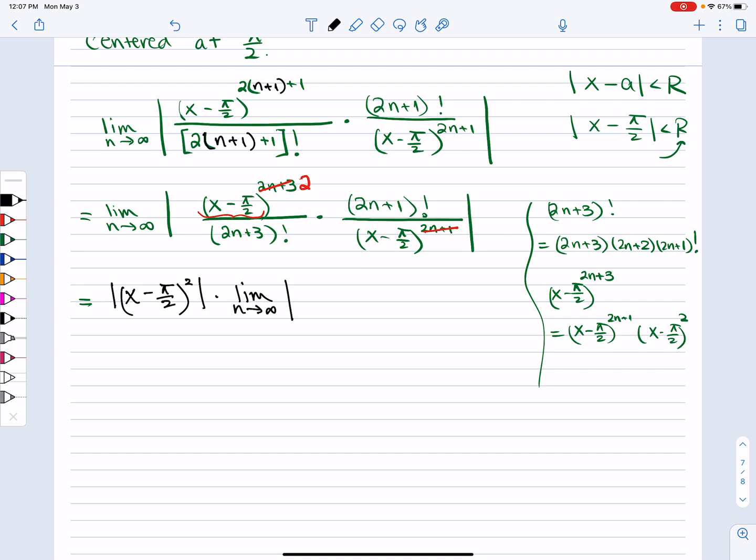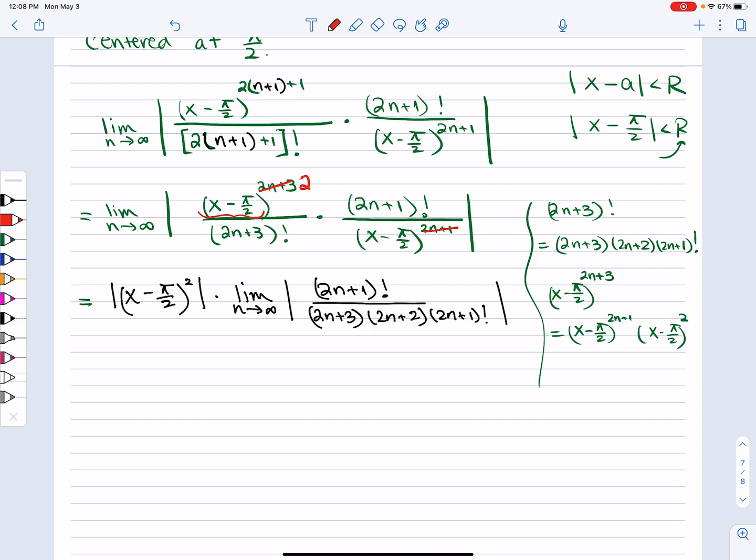remember, this, let me expand it. We're going to have a 2n plus 1 factorial over 2n plus 3, 2n plus 2, 2n plus 1 factorial.